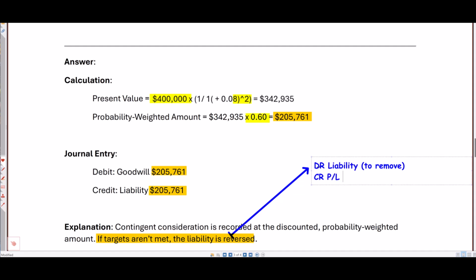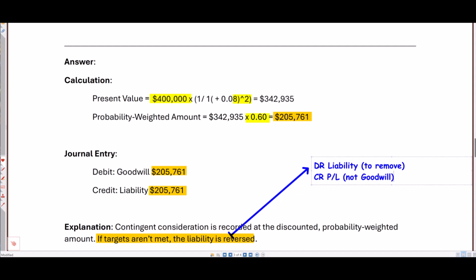You do not take it to goodwill. So that's the key thing here, there's a temptation because the initial debit was to goodwill that you would take it there. You don't. Okay, so remove the liability, debit liability, credit profit or loss, not goodwill. And that would be the same if the probability changed or something like that. If the liability changed in any way, we would need to do that treatment through P&L.